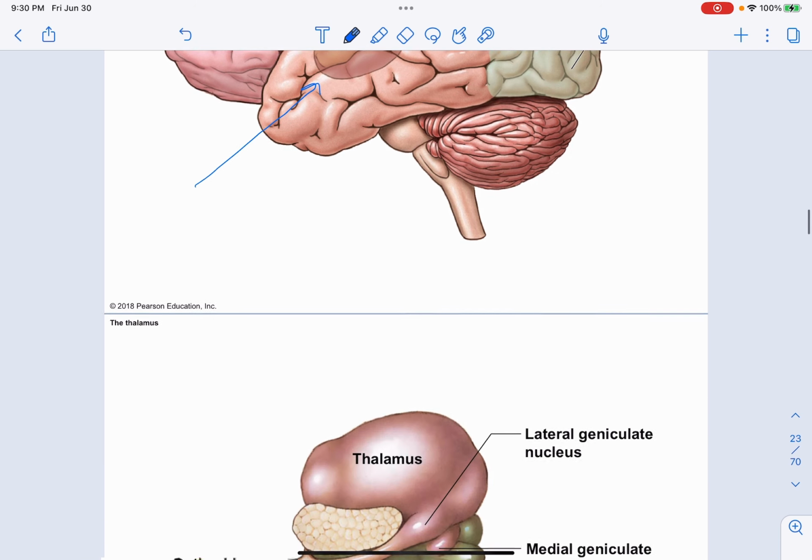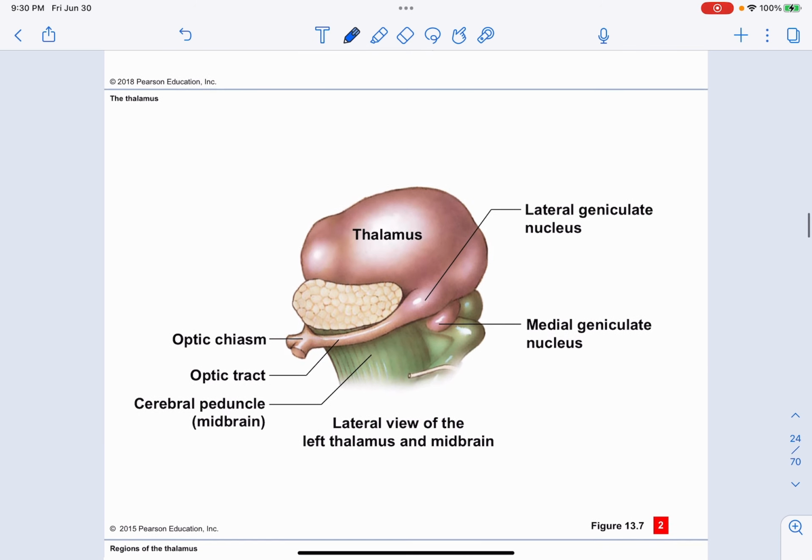Let me show you what it looks like in 3D. This is another image. You can also see the peduncles of the midbrain here. Remember, those are white matter tracts. What I want you to notice is the optic chiasm here and the optic tract.